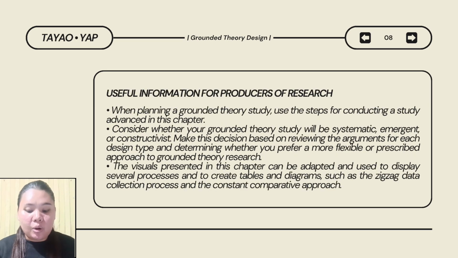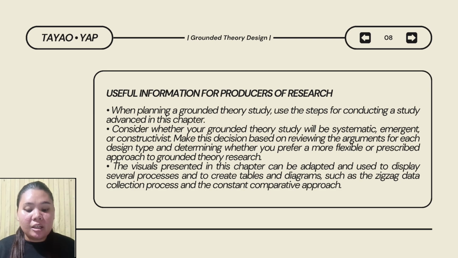Okay. So next, there is useful information for producers of research. When planning a grounded theory study, use the steps for conducting a study advanced in this chapter. So if you are going to plan a grounded theory, you use the steps for conducting a study advanced in this chapter.